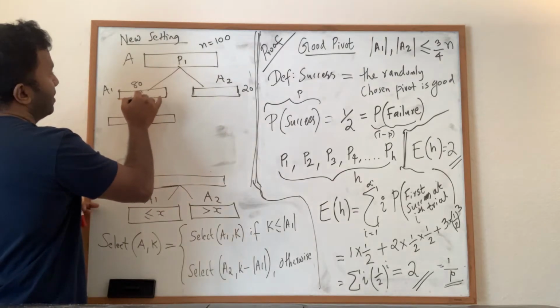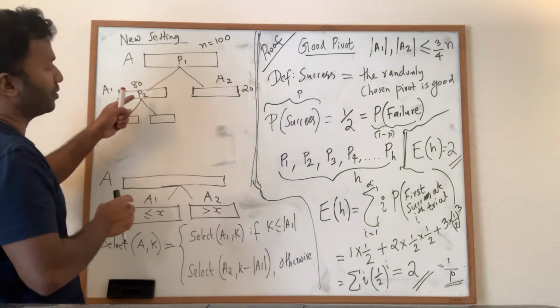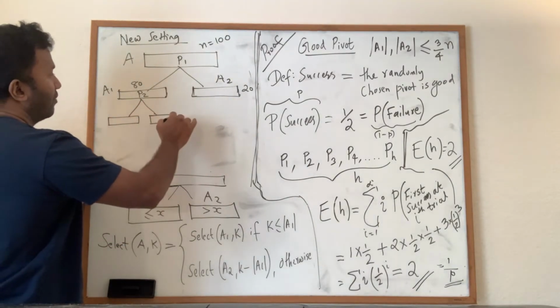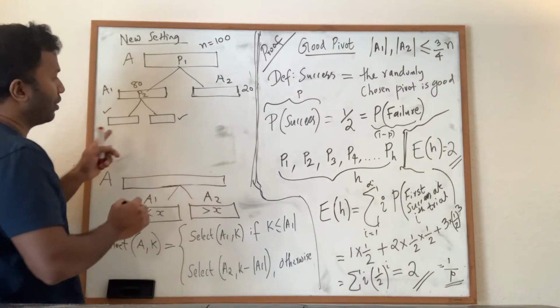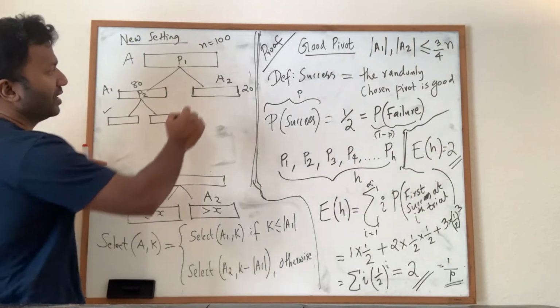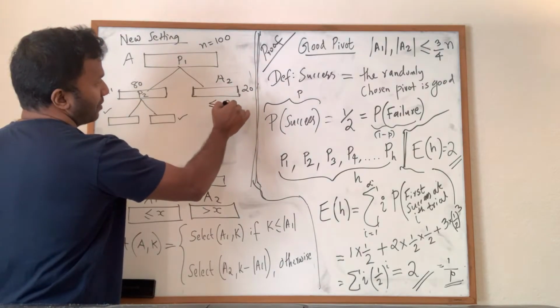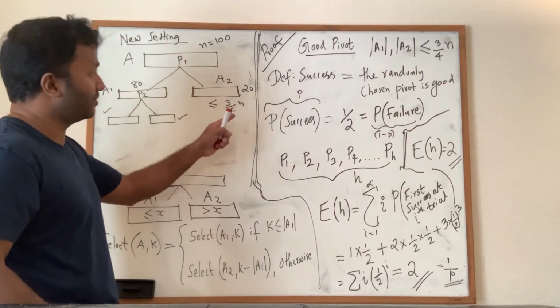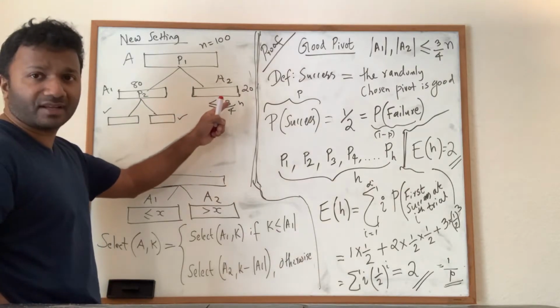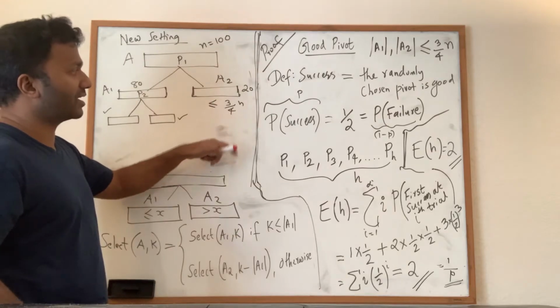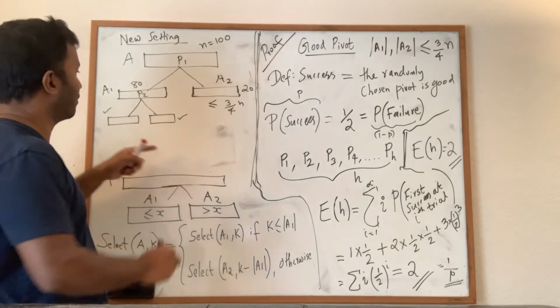Now I will find P2, because P2 is from the largest subarray. Now I will check the sizes of these two. The smaller one is clearly less than 3n/4, so I don't have to worry about it, because it is less than or equal to n/2, therefore less than or equal to 3n/4.